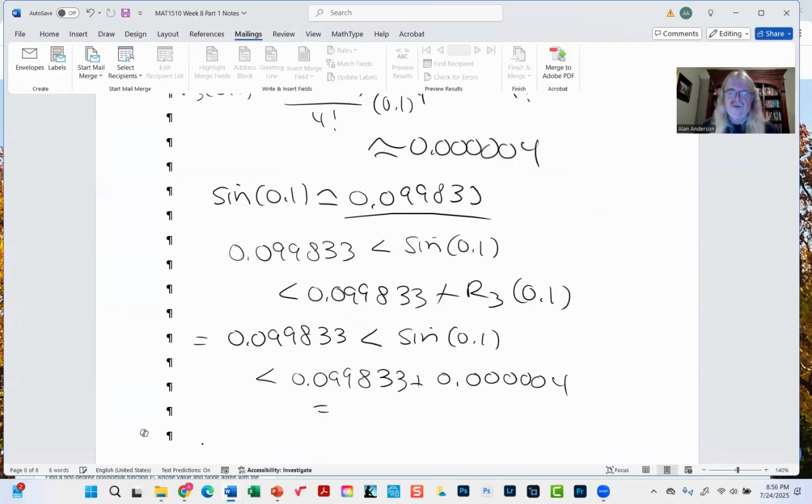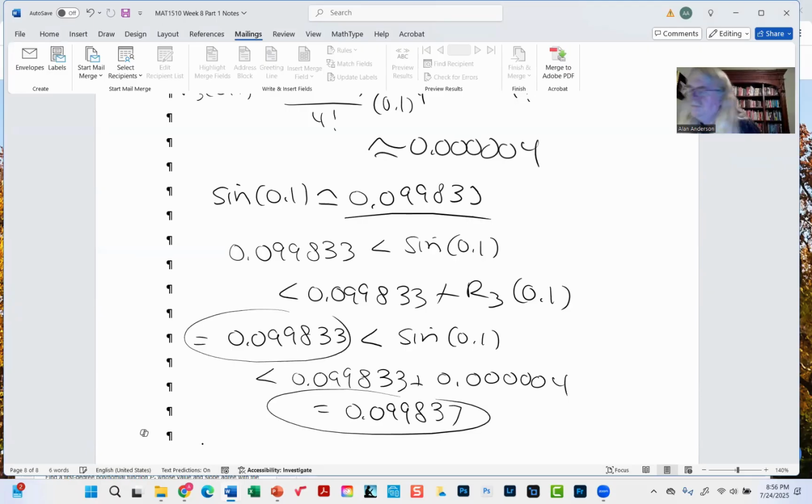And so when you add those two together, you get 0.099837. So think of this as the lower and upper limit of our approximation to sine 0.1.